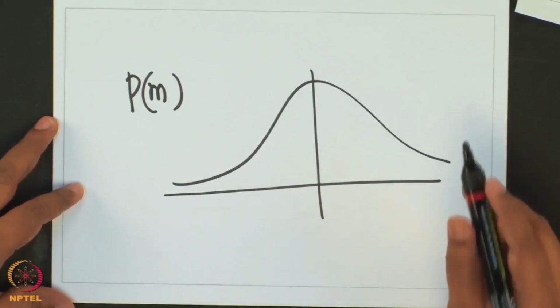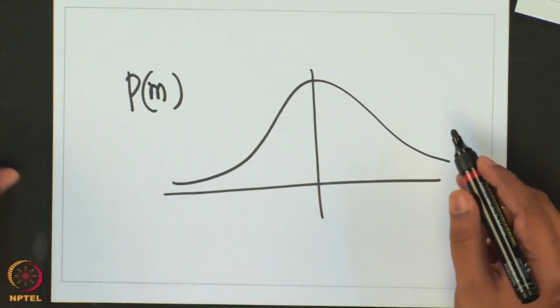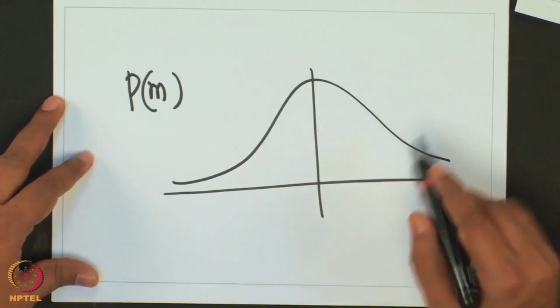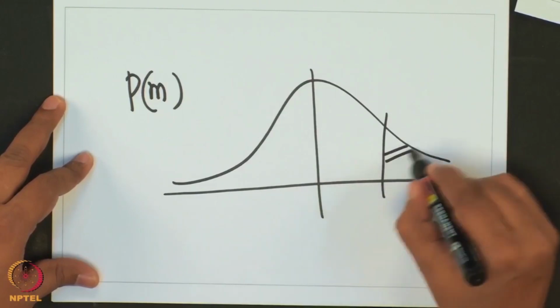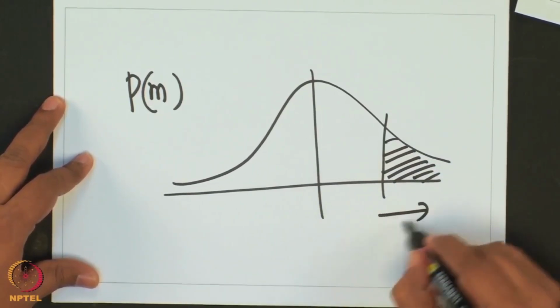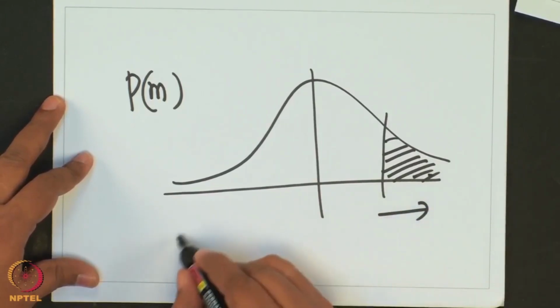So this is the first point one should remember, that this has this meaning, and the area means the value. Here this area would mean the probability to get values beyond this.